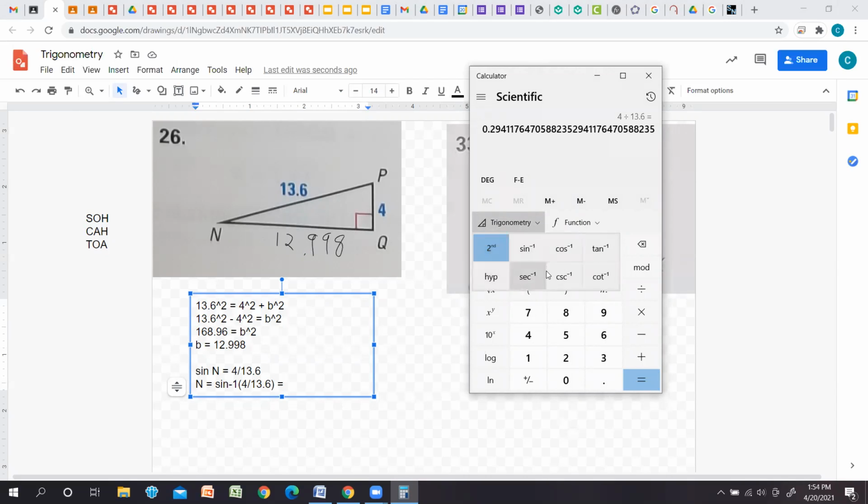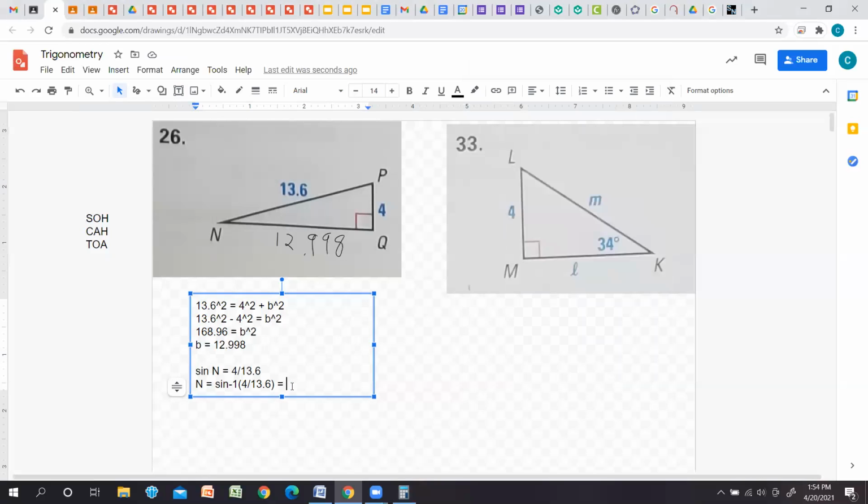Notice how it has the inverse functions. This goes from the output, which is the ratio, to the angle, so it's very useful to find an angle. So I press the inverse sine button. This is the angle measure, 17.105 degrees. And again, you can use the degree symbol.